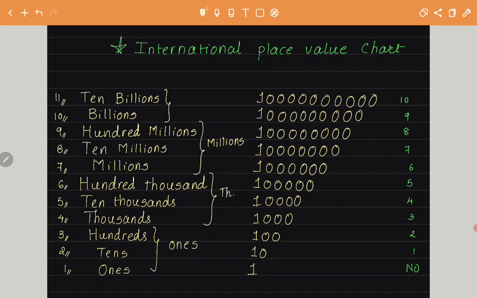Here also 3 digits are involved, but we don't need it. Basically here there is one more, 10 billion and 100 billion, but we don't need it, so we are not writing it. But this is billions, the name of the period is billions. Alright. So this is how it will be: ones period, 1000 period, millions period and billions period. This is about the international place value chart.